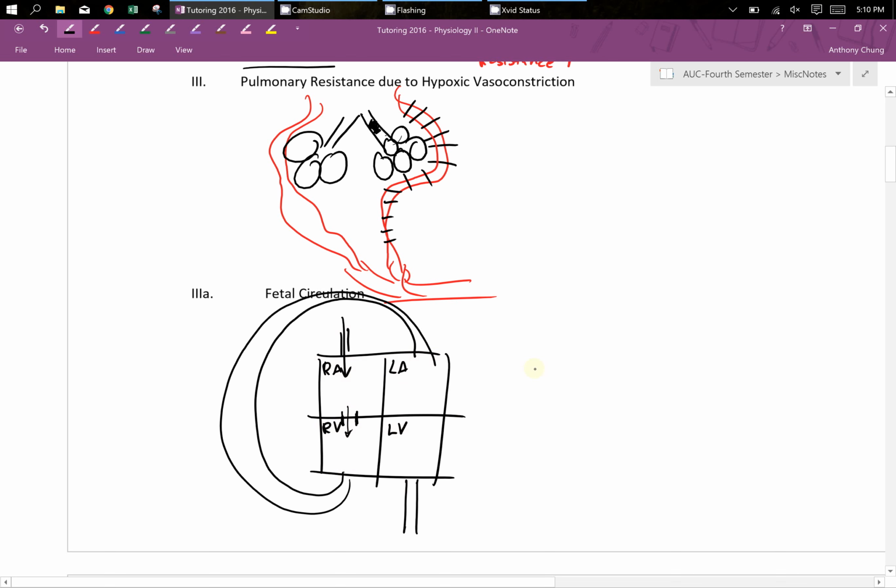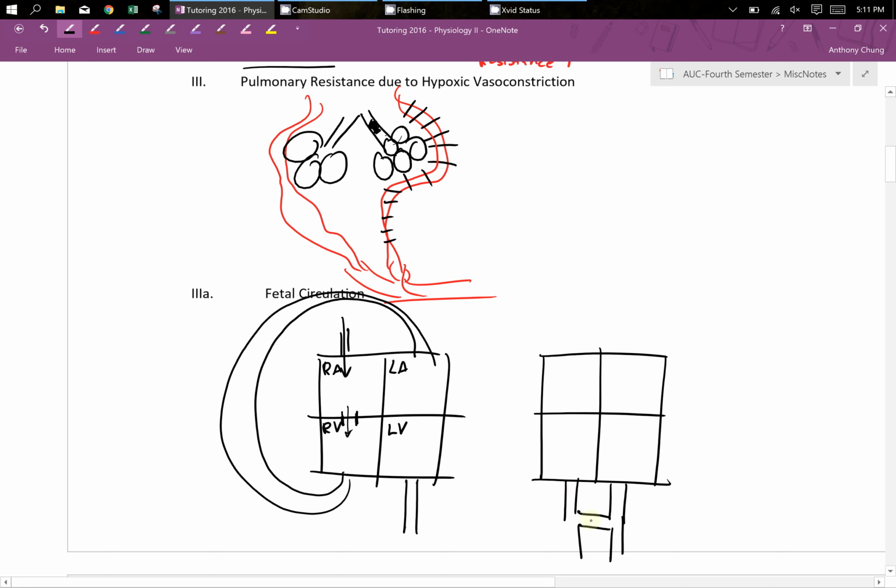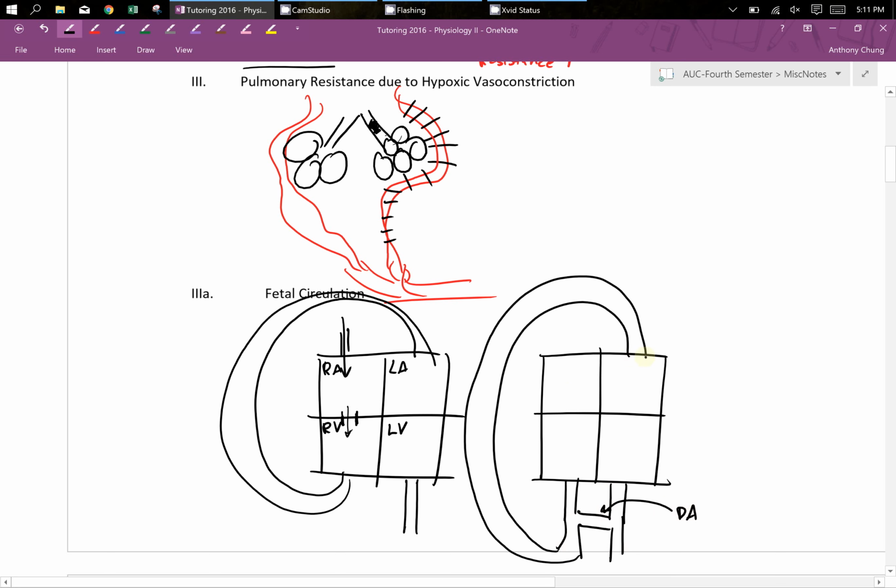Where is ductus arteriosus? Ductus arteriosus is here. This thing over here is ductus arteriosus. Same exact thing over here. This is right atrium, left atrium, right ventricle, left ventricle.